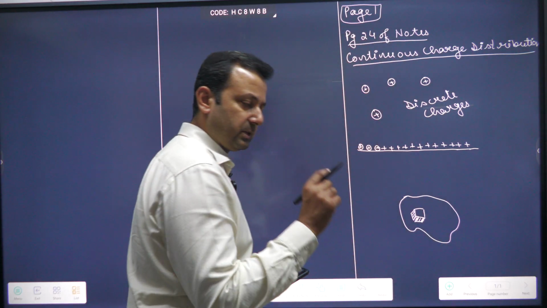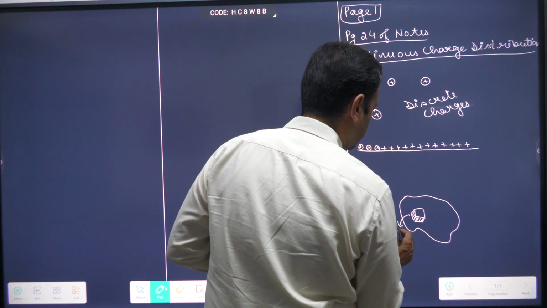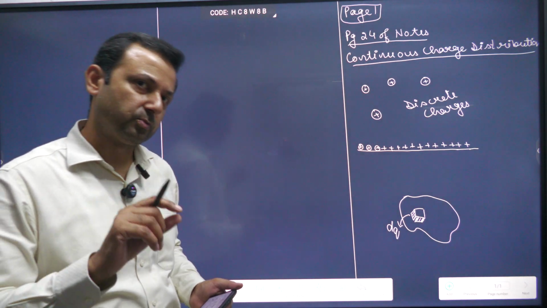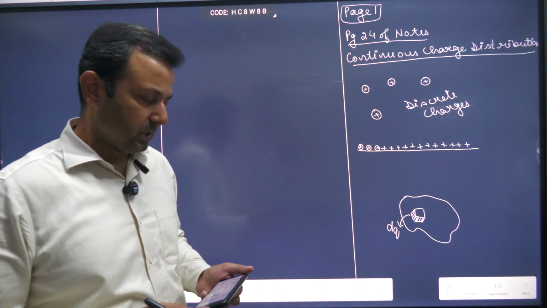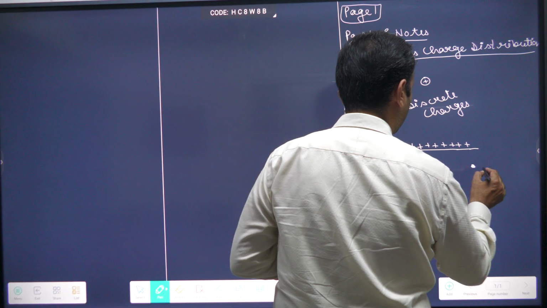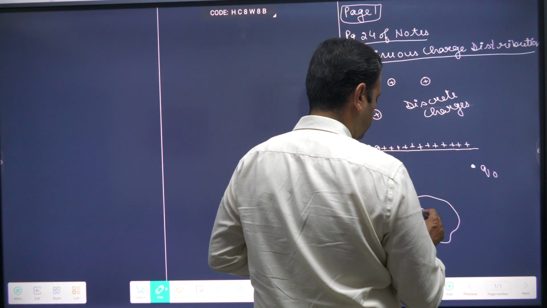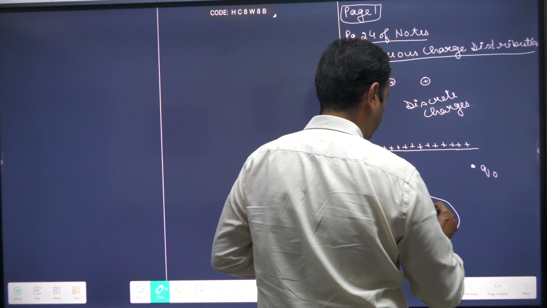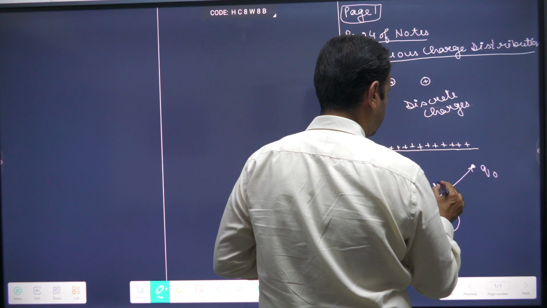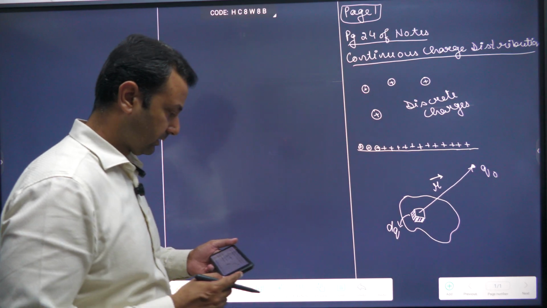On that surface there is a small charge element, and the charge on this element is dq. d means small and q means charge, small charge dq. Let us consider that there is a point charge q naught here. We will find the distance between dq and q naught, and let us say that this distance is r vector.